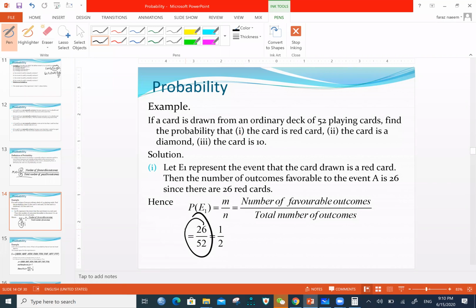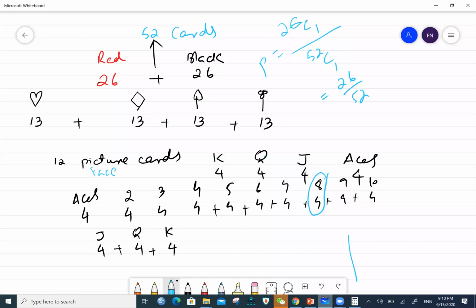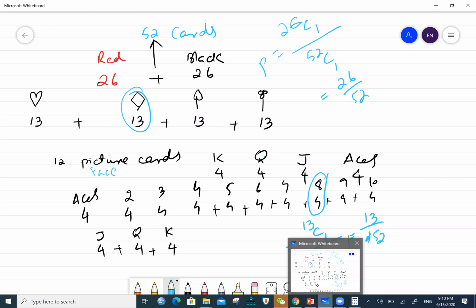The card is a diamond. Now, how many diamonds are in the playing cards? There are 13 diamonds. We are selecting one diamond, so that one will come from these 13, and total are 52C1. So its probability is 13 over 52. Is that clear?